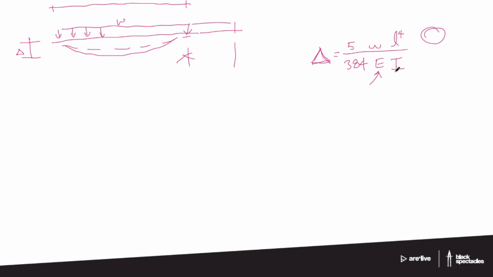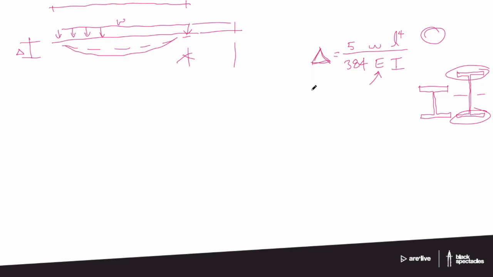If we use a better, stiffer shape for our beam, so maybe instead of it being like that, we do something like that, I'm getting more material farther from the neutral axis, right? So I'm getting a higher moment of inertia. So I'm increasing the denominator, therefore the delta is smaller.